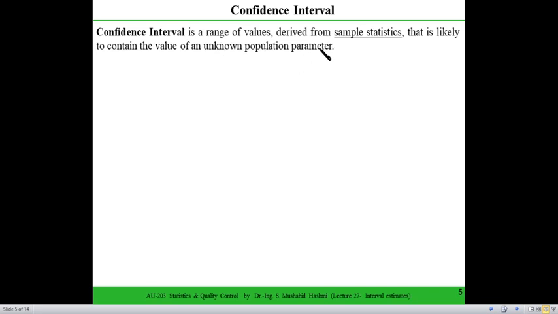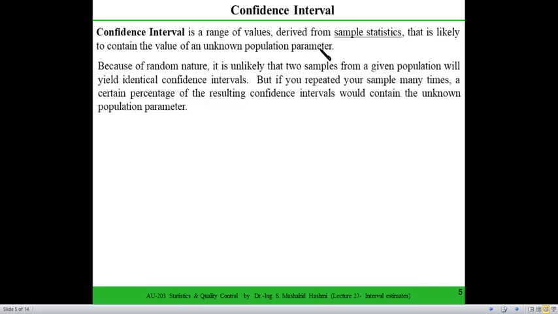So we have already drawn confidence intervals, and from the random nature of the confidence interval, we have seen that from different samples, even though each sample of the same size is taken from the same population, the lower limit and upper limit of each interval would be different.